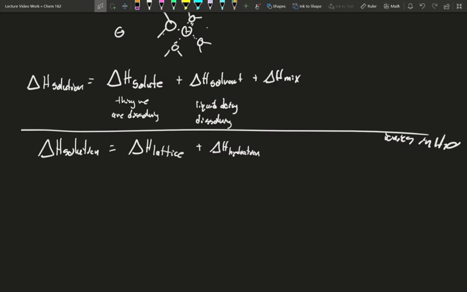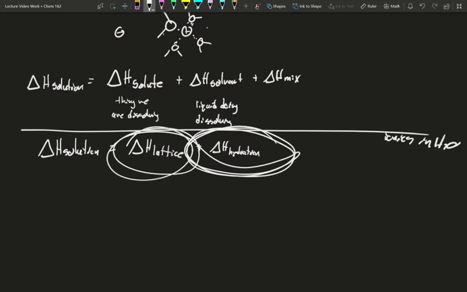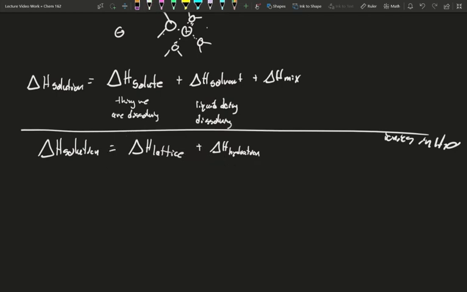So we can look up the delta H of hydration for various materials, as well as the lattice energy for that same material, in order to find what is the delta H of solution when I want to dissolve an ionic compound in water. Well, depending on the difference here, depending on how strongly water interacts with those ions versus how much energy it takes to pull apart the ions, delta H of solution could be positive or negative.